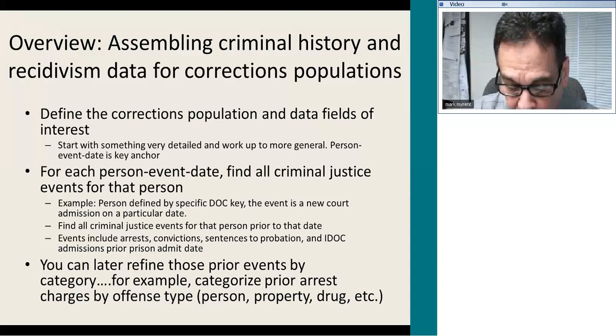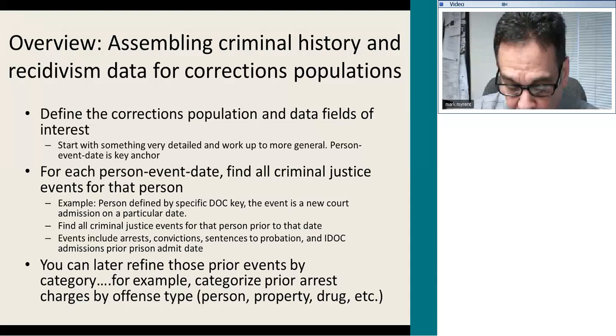The next table that's needed is the index matching the master IDOC number to the related SID. Now, this process would be a heck of a lot easier if the SID number was embedded in the corrections record. But unfortunately, that's not the case, and that's why we are back to doing our deterministic match based on first name, last name, and date of birth.